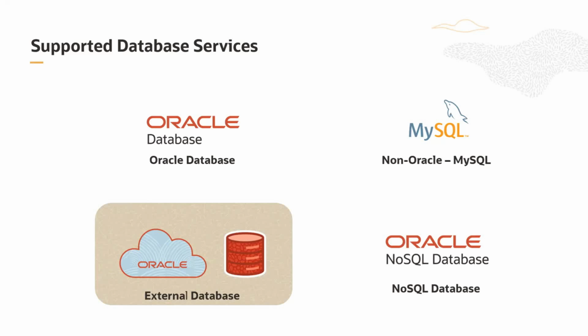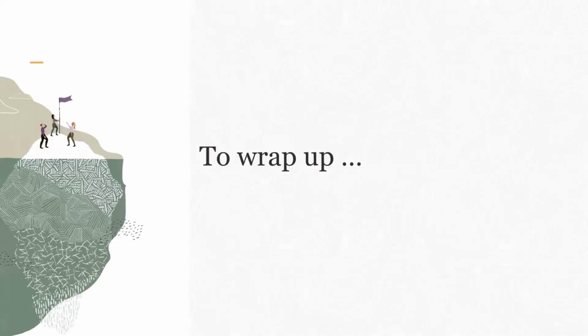So now you can manage and monitor your Oracle databases that are located outside of the Oracle Cloud Infrastructure by using external databases. To wrap up, we learned about the considerations of running a database on-premise as well as in the cloud. We also learned what types of databases Oracle supports.